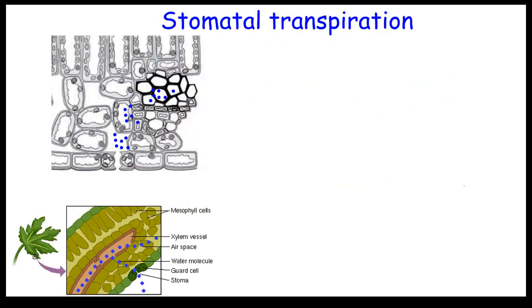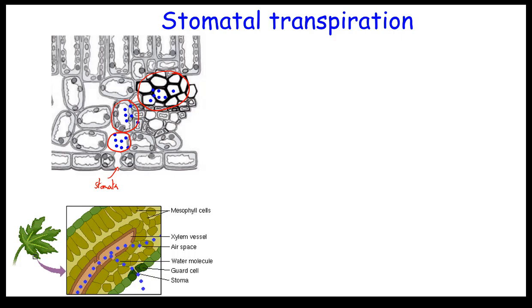Now, water loss through the stomata is known as stomatal transpiration, and this just explains what we were talking about. So here we have part of a mesophytic leaf, here we have the xylem, here we have the mesophyll cells, here we have the air space, and here's the stomata. So this is shown here, where we've got the xylem.